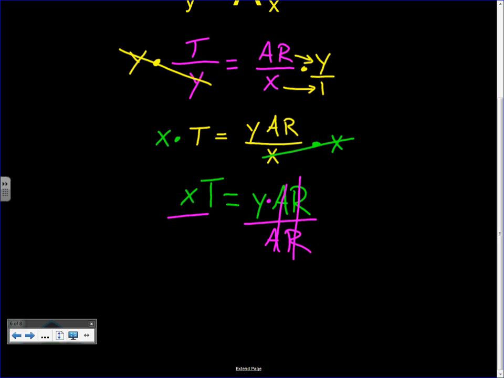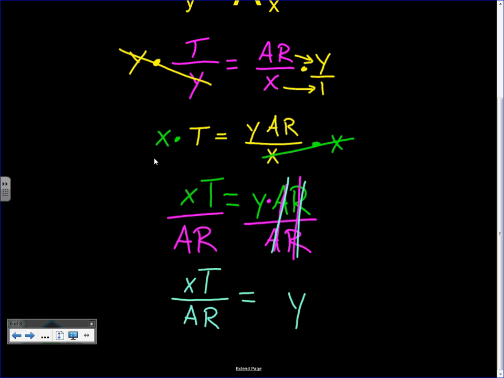If we divide the right side by A times R, the left side also gets divided by A times R. And so now, since these canceled out, we have y on the right side, and on the left side we have x times t over top of A times R. X times t over A times R is equal to y. And so you have rewritten the equation so that y is a function of x.